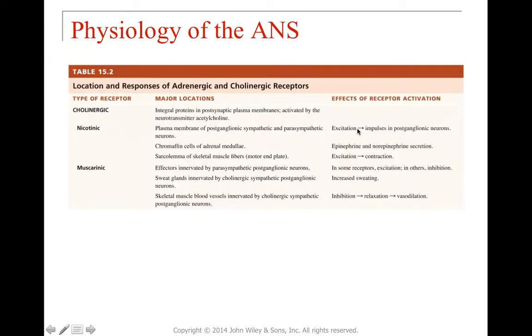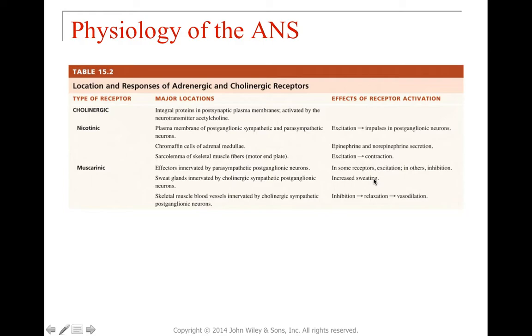So that excitation is basically going to propagate the nerve impulse in the postganglionic neurons, causing them to fire wherever their effector cells are. In the adrenal medulla, this is going to have the effect of releasing epinephrine and norepinephrine from the chromaffin cells, which again are going to get picked up by the blood supply and have kind of a global effect on the entire body. There will be multiple different effectors, I suppose is what I'm saying.